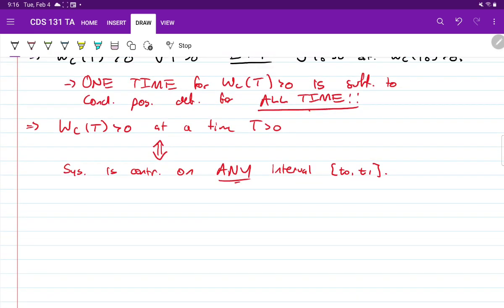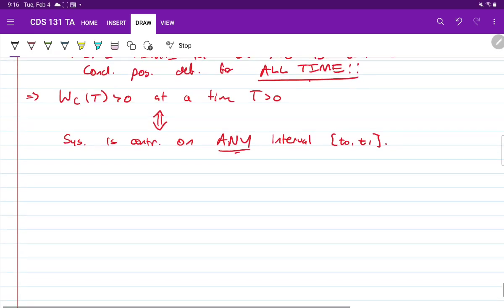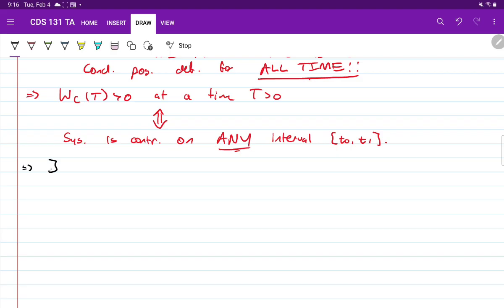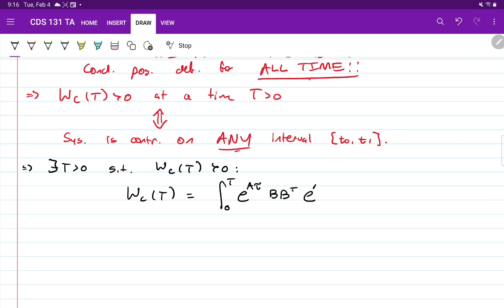So what are some more implications of this? Well, let's say there exists a time t greater than 0 such that WC of t is positive definite, right? So let's just write out the definition: WC of t equals the integral from 0 up until time t, e to the A tau, B B transpose, e to the A transpose tau, d tau, okay?